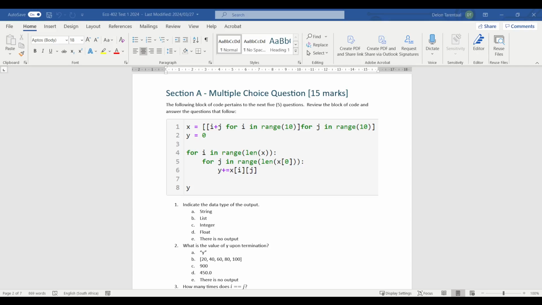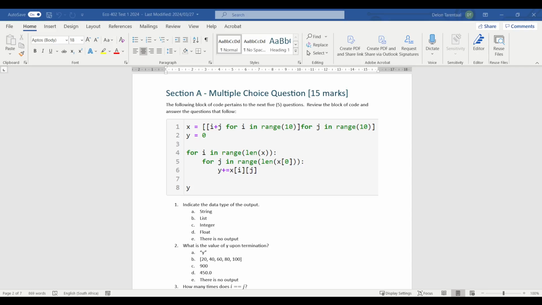So from that, you should be able to determine that we are going to add all the values in this matrix to y, right? So every value in every single row, every single column is being added to y, right? And then the output is that value of y. So essentially, it's like that add list function that we created, okay?